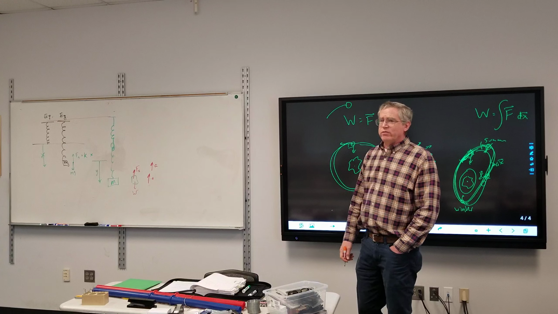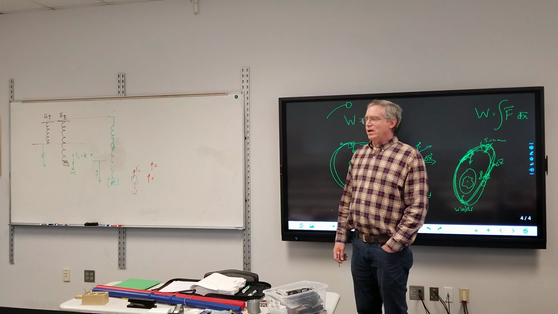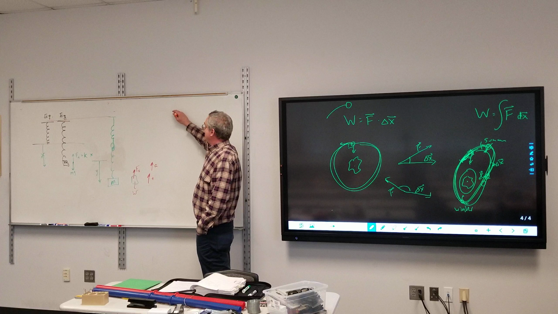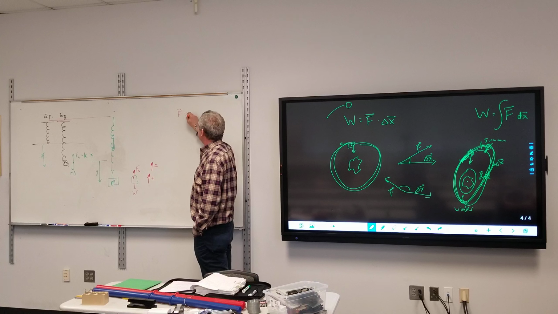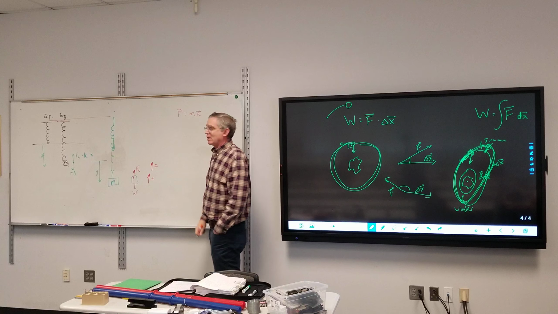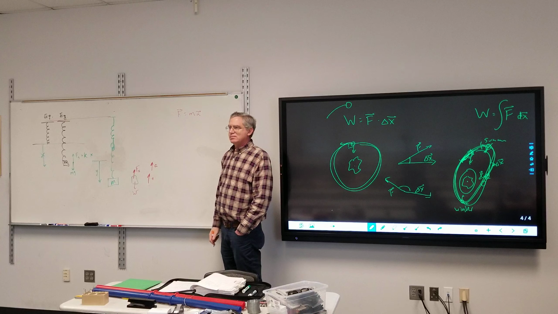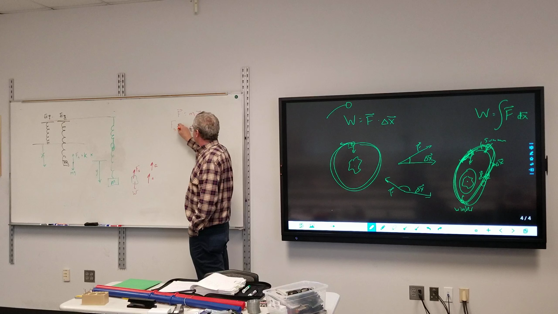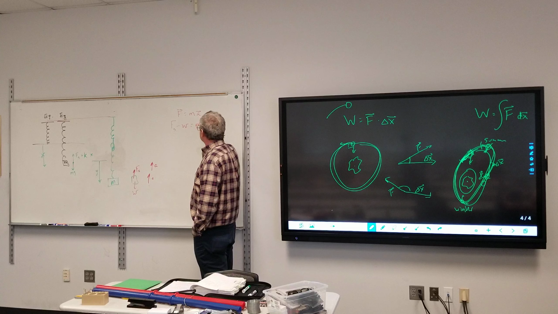Decomposition, do we have to break either of them up? No, I hope not. Equation of motion. Plug it into F equals ma. The spring force minus the weight is equal to ma.